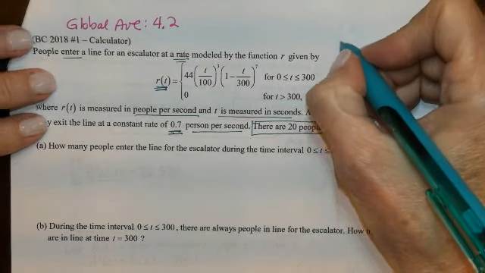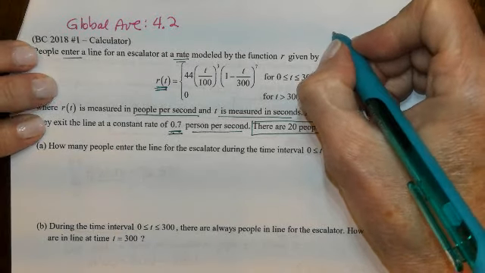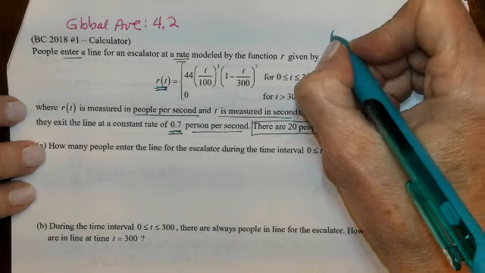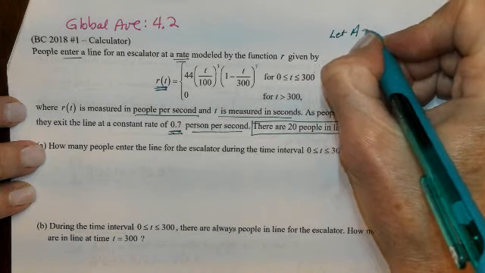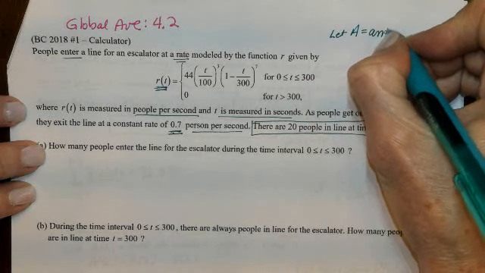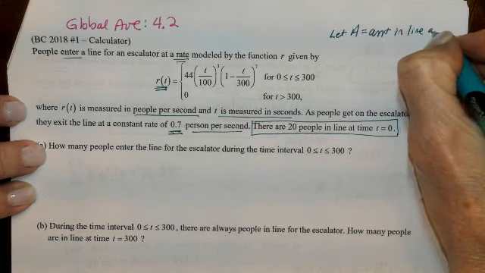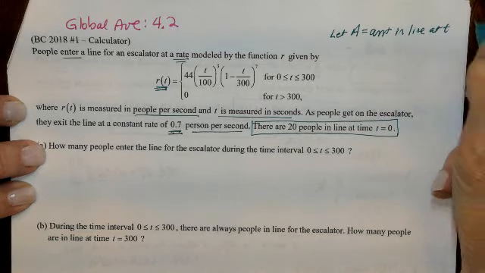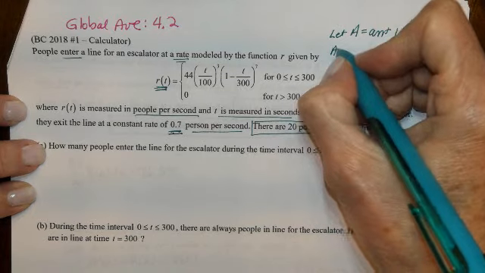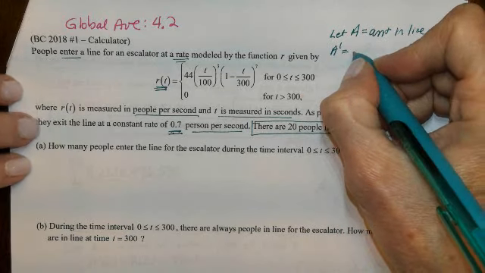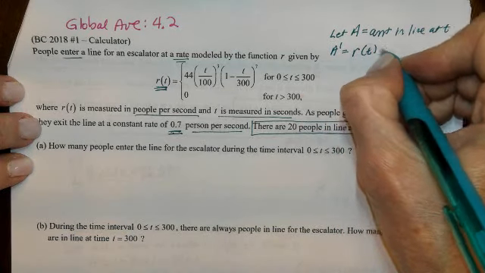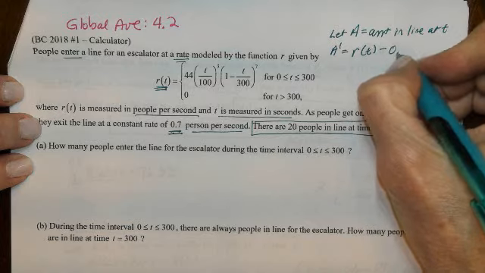Let me tell you what I'm about to do. In the problem I will say this, but I'm going to let A be the amount of people, the number of people in line at time t. Then A prime will be my rate in, which is R, minus my rate out, which is 0.7.